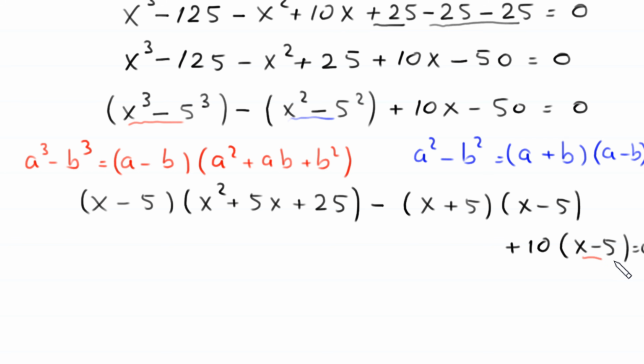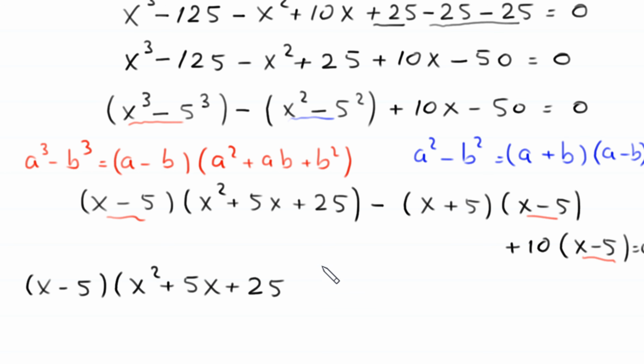Now this x minus 5 is a common factor, so we factor out this x minus 5, and in bracket left, x squared plus 5 times x plus 25, and negative times x, negative times 5, negative 5 plus this 10 equal to 0.